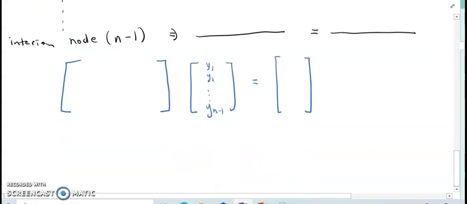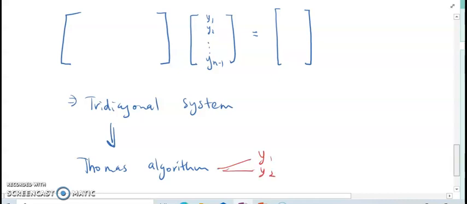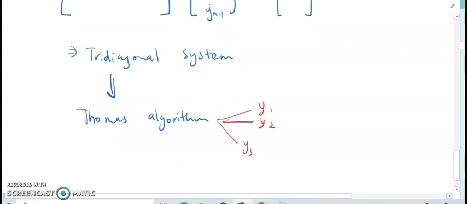This system of linear equations is called a tridiagonal system. To solve this tridiagonal system, you can use the Thomas algorithm. After solving this system, you will get the y1 value, y2 value, y3 value up until yn minus 1.